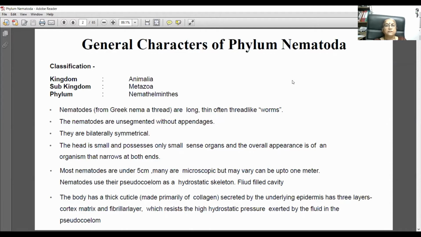The characteristics of all the nematodes are almost similar. All the nematodes are unsegmented. They do not have any appendages. They are bilaterally symmetrical.